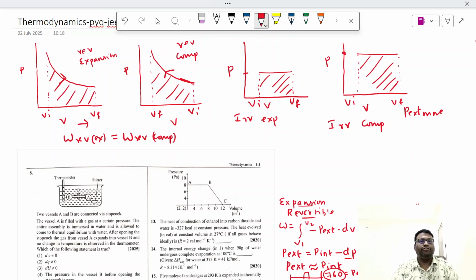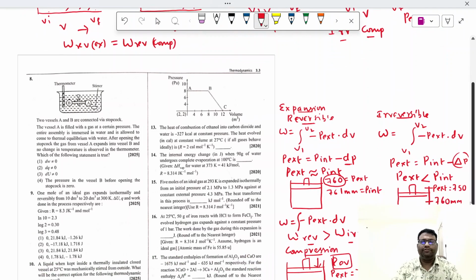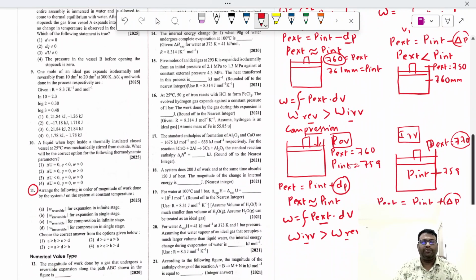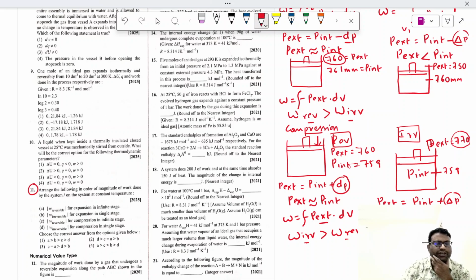So if you look into these based on the options, irreversible compression is having more area under the graph, right? So from the options provided to you, the work done in irreversible compression in a single step, happening in a single step.